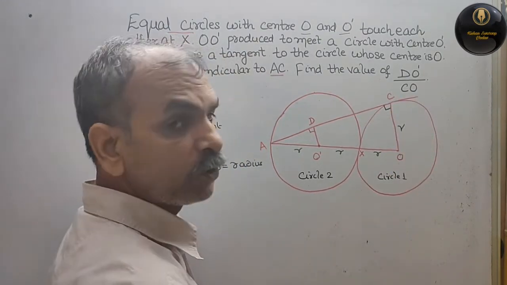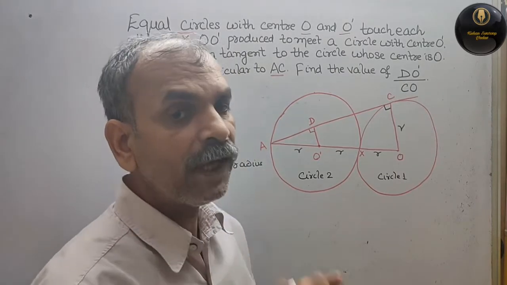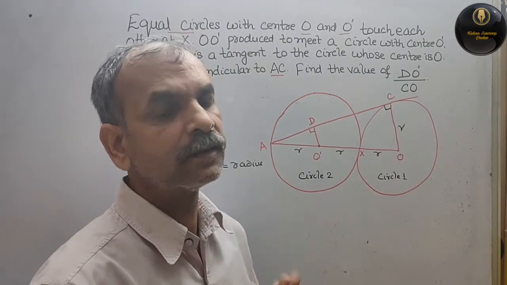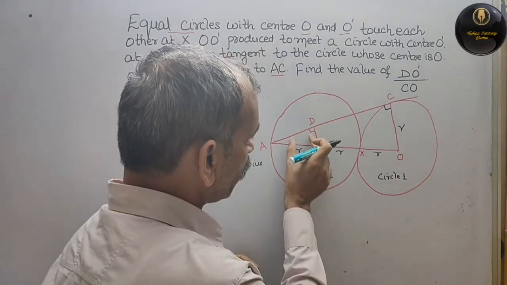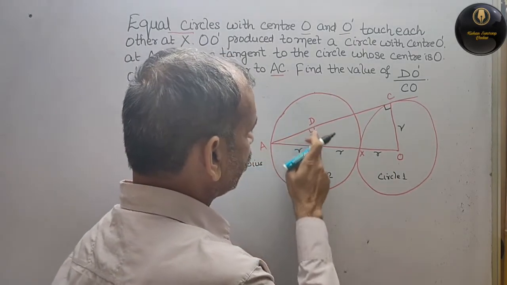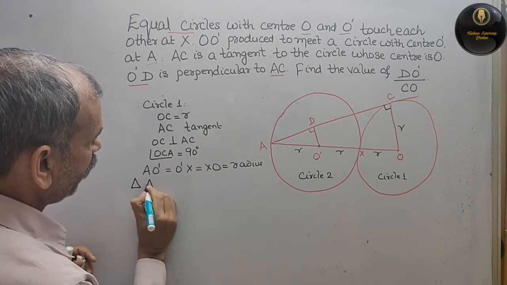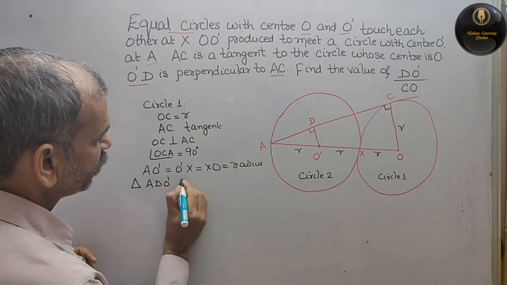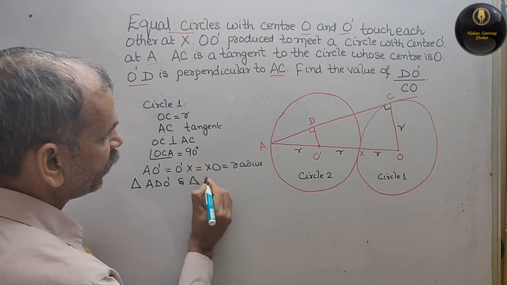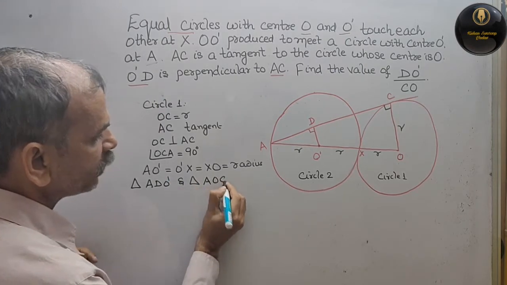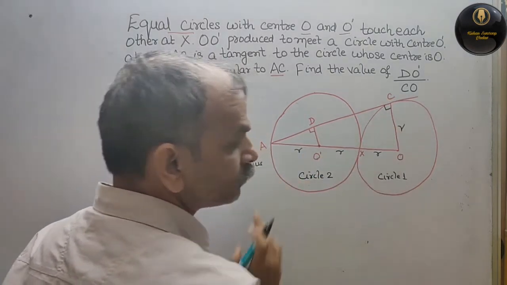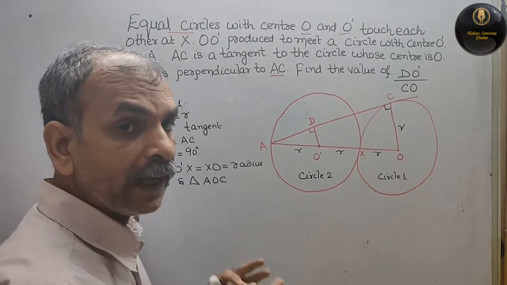Next, what we have to do? Now, we have to take two triangles. What are they? A small triangle, that is triangle ADO dash and triangle AOC. This one, big triangle. And we have to make them similar.